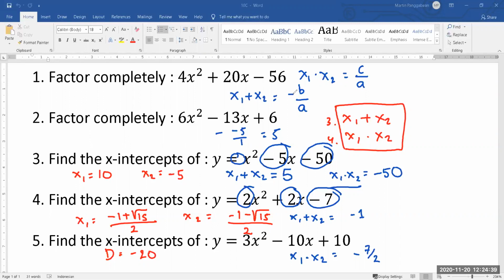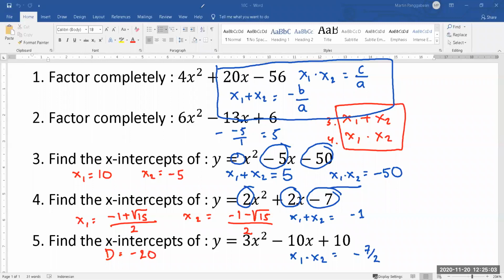That's actually the material for today. These are the only two formulas you will be familiar with whenever you deal with quadratic functions. The product of its roots will be C over A, and the sum of its roots will be -B over A. And you have already proven it with your work.